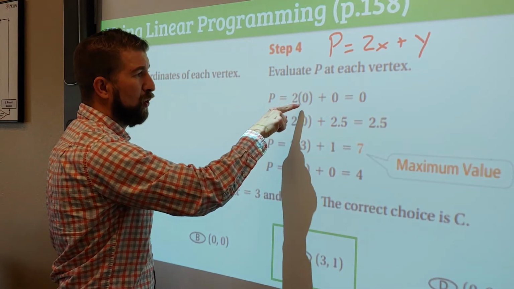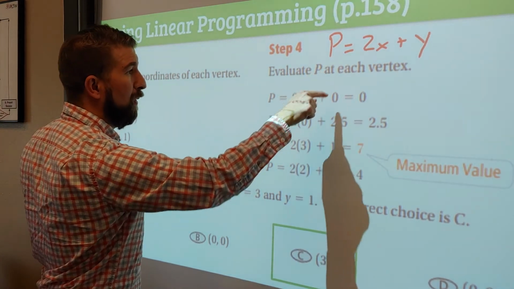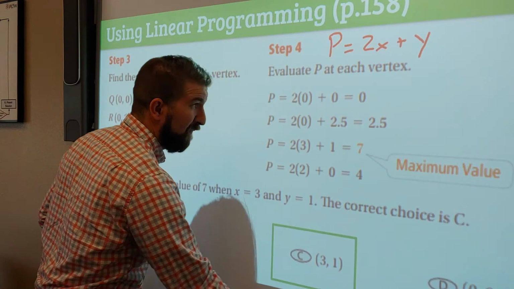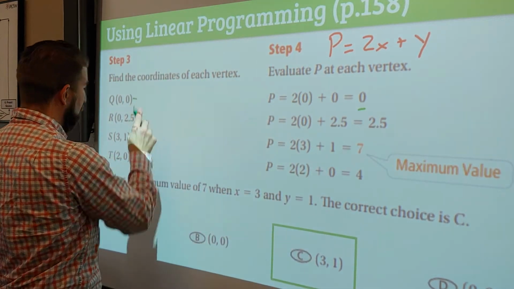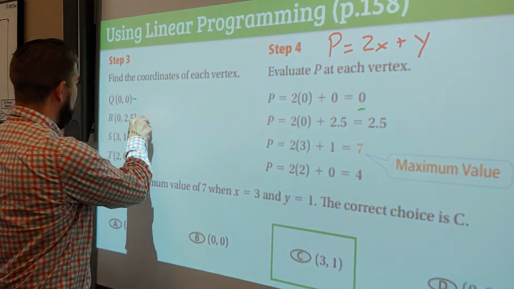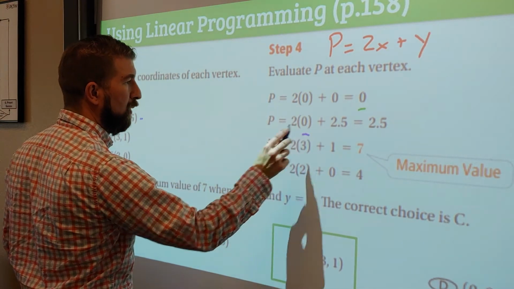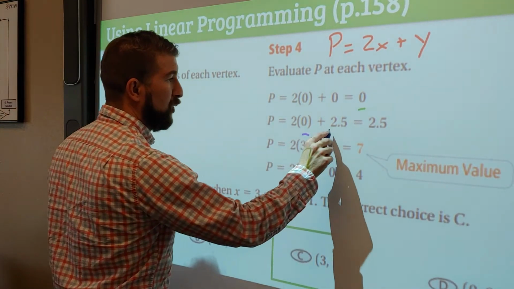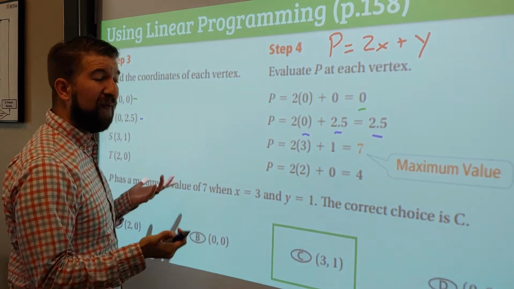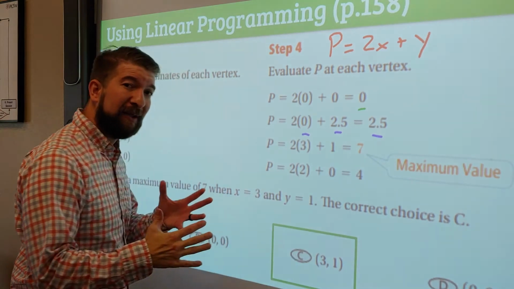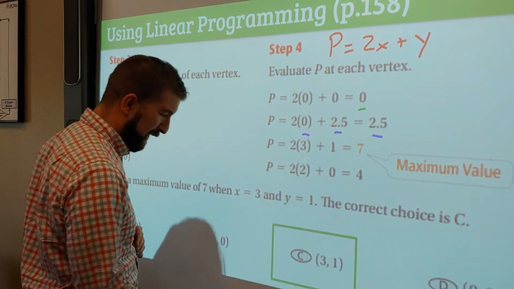So P equals 2 times 0 plus 0. That value is 0. Then I plug in my other vertice. 2 times 0 plus 2.5. That gives me a 2.5. That's higher. And the maximum is going to be the highest number that we see in this.